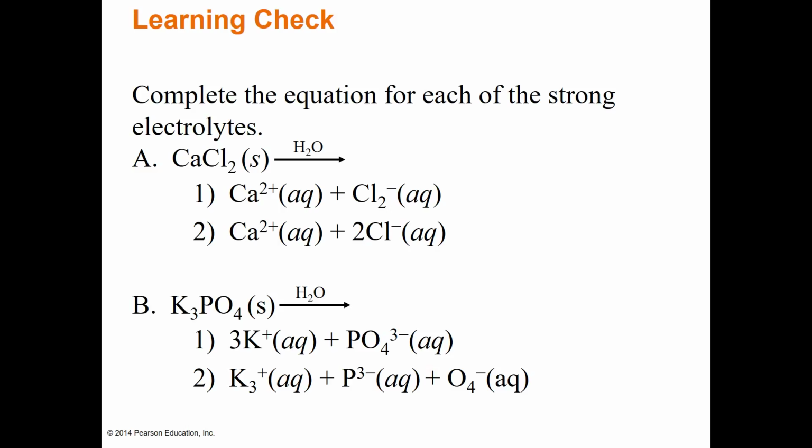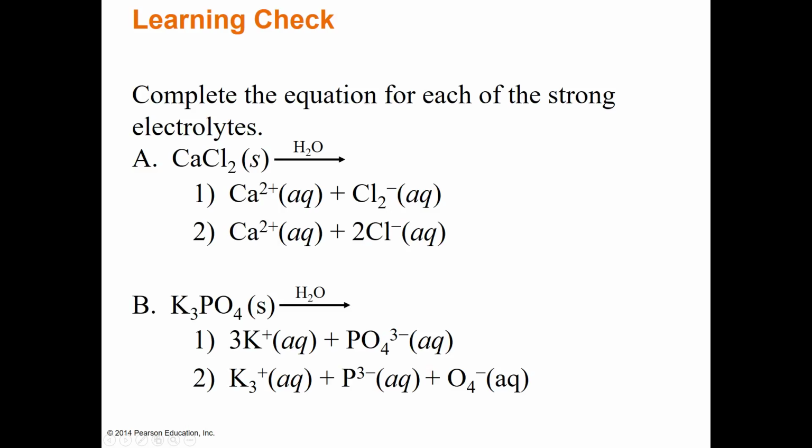See that particle right there, Cl2 with a negative charge, is not a real particle. It's absolutely senseless. Because free chlorine gas, the diatomic chlorine, should not have a charge on it. If you have chloride particles with a charge, then the 2 would go up in the front as a coefficient. So anytime you're showing dissociation, it's going to be in this form. Calcium chloride would dissociate like this.